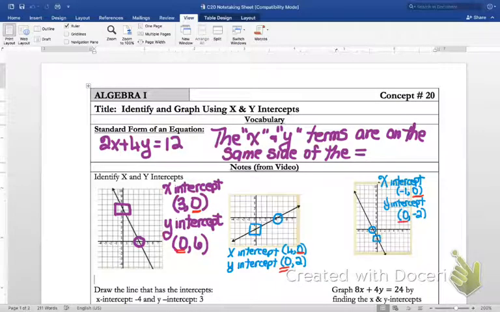On my y-intercept, my x value is always 0. I'm going to use that to help identify where the x and y intercepts of an equation are. Okay, that's the end of our first video, so go to the next one.